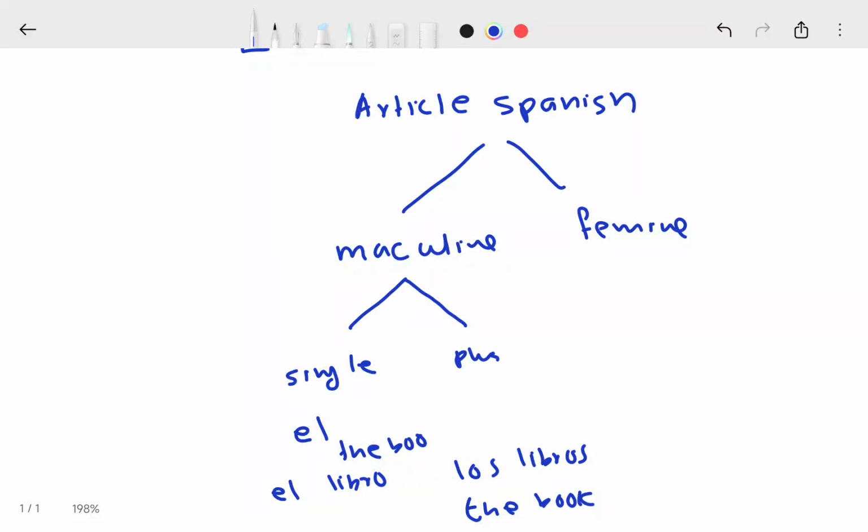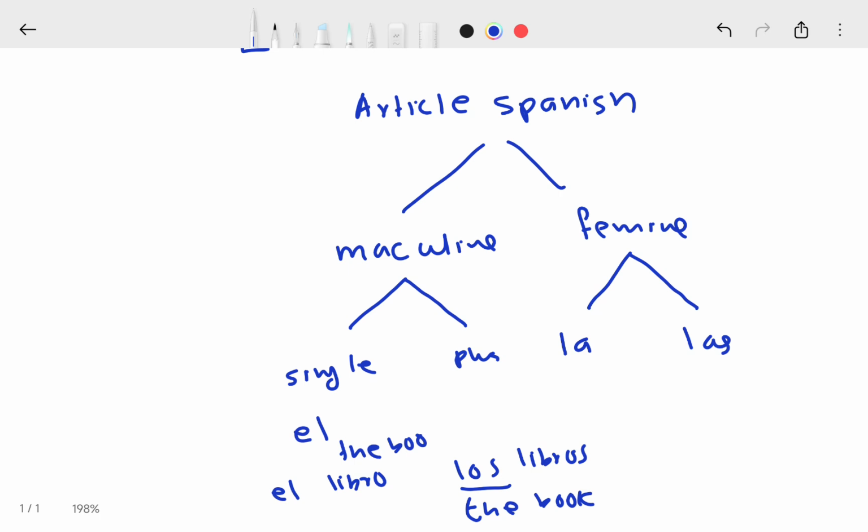So here, based on the gender, we have categorized into masculine and feminine. In masculine, we have el and los: el for the singular and los for the plural. Same like that, we also have the feminine. If it is singular, we will be using la, and if it is plural, we will be using las.